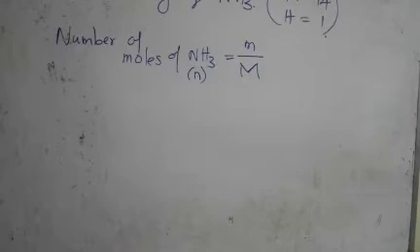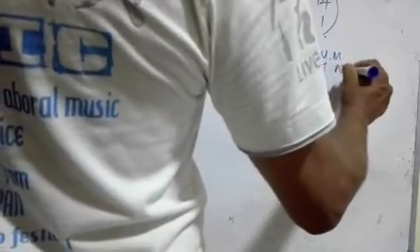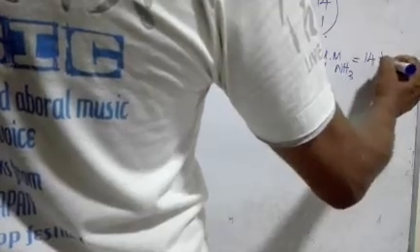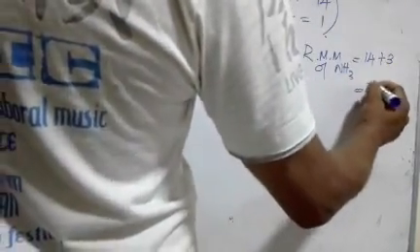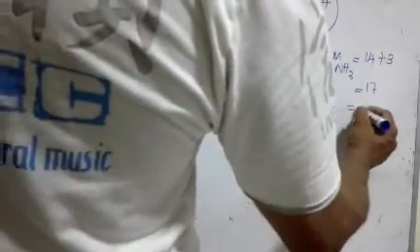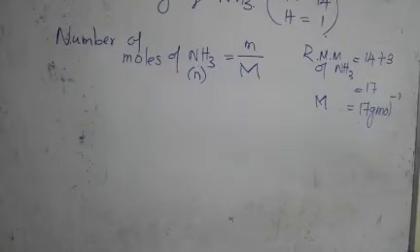Now we can find the relative molecular mass of ammonia. Nitrogen is 14, hydrogen is 1, and such 3 atoms are there. So 17 is the relative molecular mass of ammonia. So the molar mass of ammonia is 17 grams per mole.